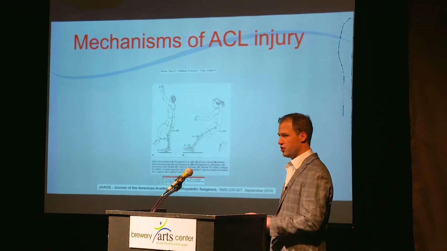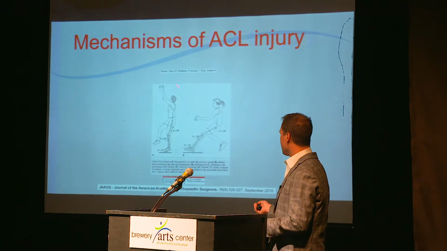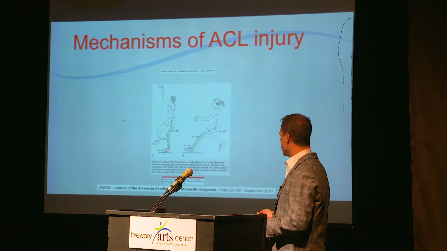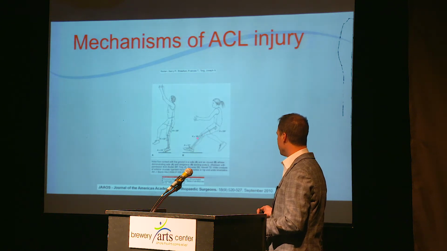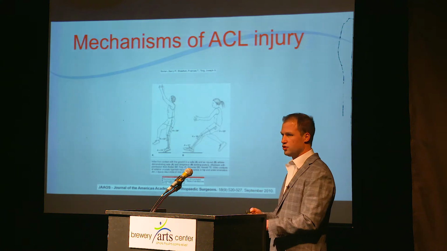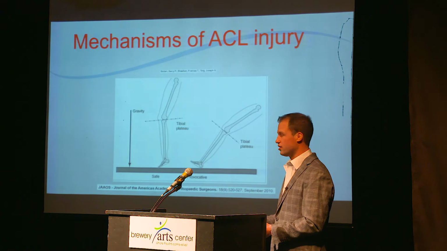And here's another way of looking at it. Again, this is showing up a little blurry, but the person on the left has good mechanics where they're landing straight up and down. The person on the right is landing with their leg a little bit out in front, and you can see how that tendon is going to start to pull that tibia forward a little bit, and that starts to stress your ligament and put it under tension, which is not where your ligaments want to be.